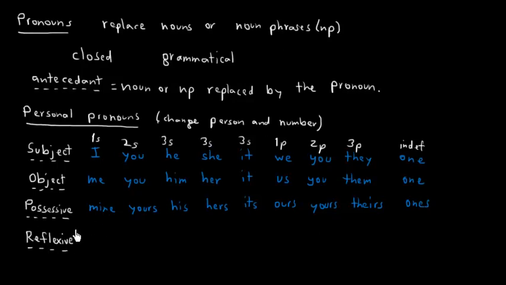Okay, and I'm going to have to write these at an angle because they're kind of long, and they are myself. Okay, I am going to read to myself. In this case, the object of the preposition is the same as the subject.